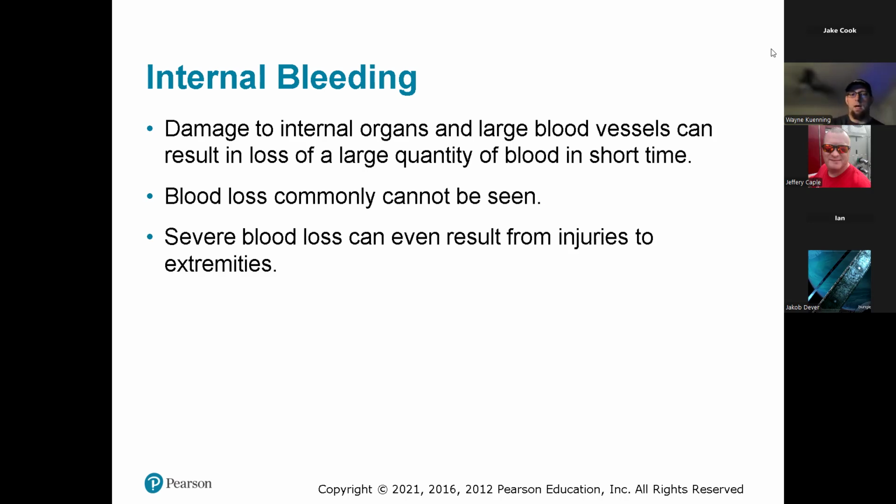It's a mess. Severe blood loss can result from injuries to the extremities, mostly hips and shoulders, and neck injuries. This comes from a separation of the femoral artery, the subclavian artery, or the carotid arteries.